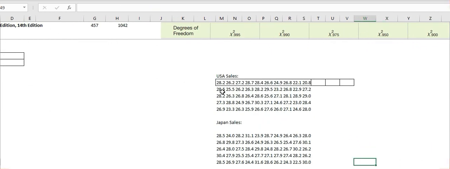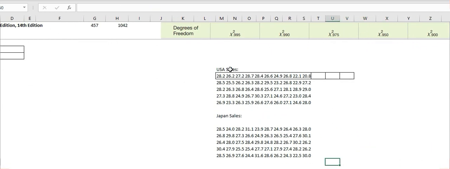So this is the USA sales and the Japan sales. First, we need to align the data because it is in a row state.